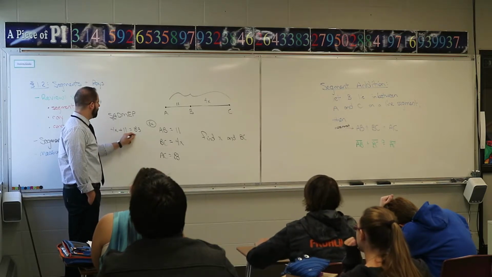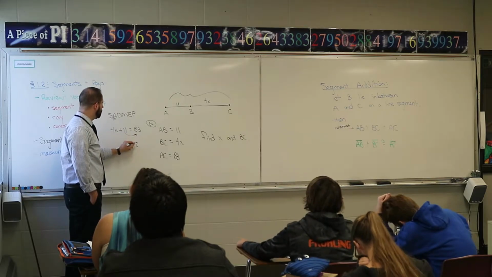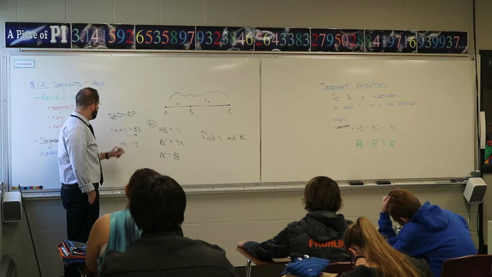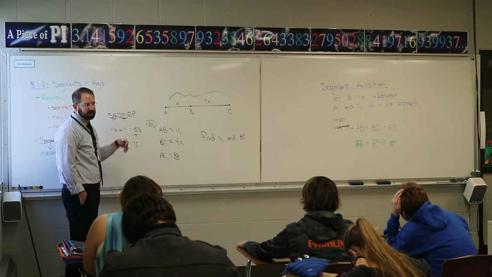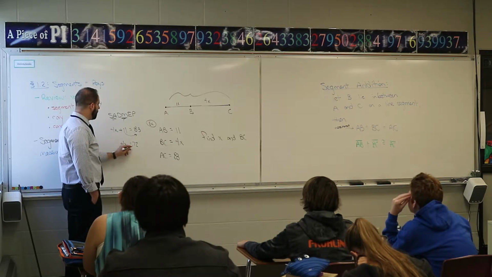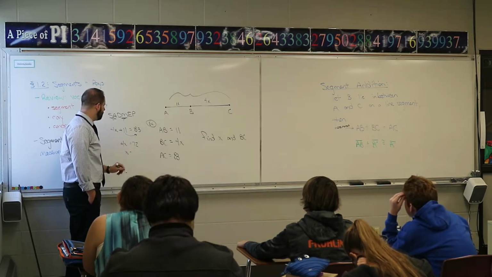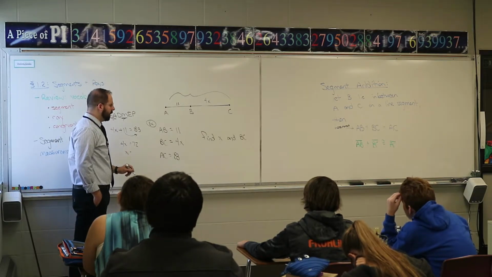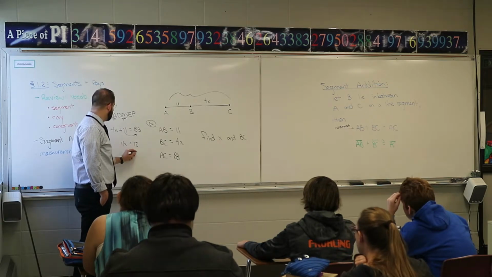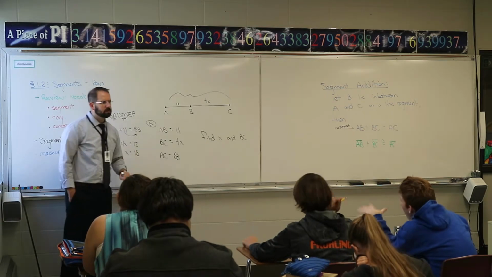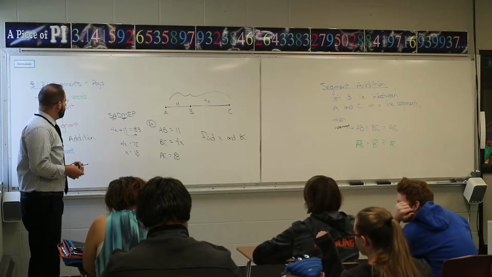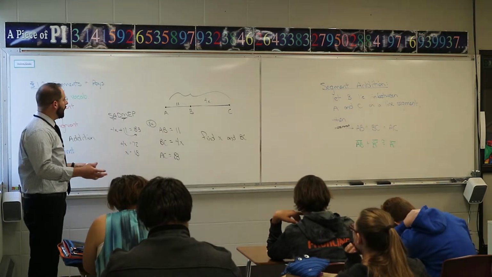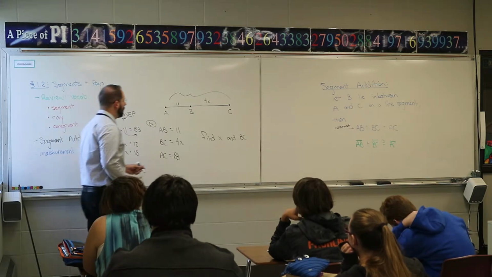I'm going to subtract the 11, that's 72. And then you multiply and divide last, so I would divide by 4. 72 divided by 4 is 18. Now, we found x. X is 18.